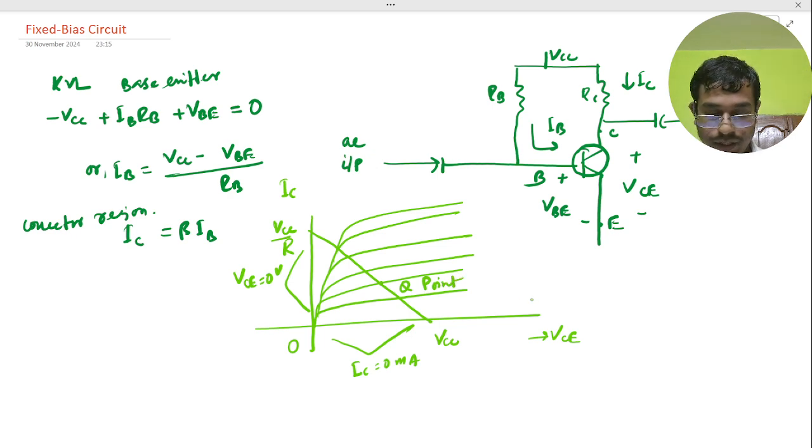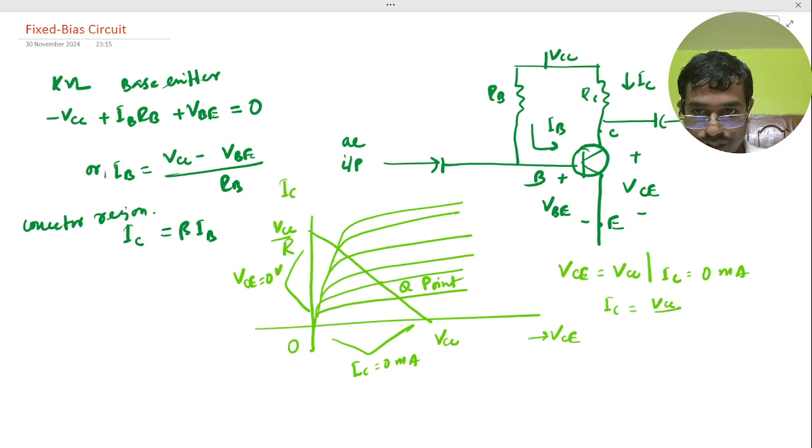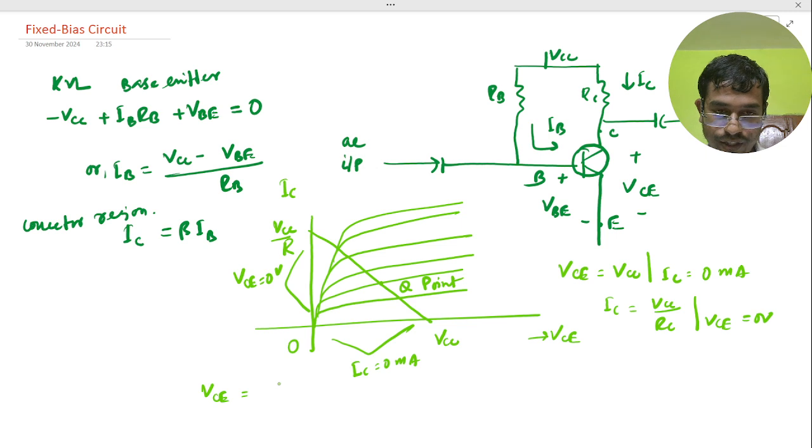And here for the load line concept, VCE is basically VCC at IC equal to 0 milliampere, and IC is equal to VCC by RC at constant VCE, collector to emitter, of 0 volt, and this gives a straight line in the form of VCE equal to VCC minus IC RC.